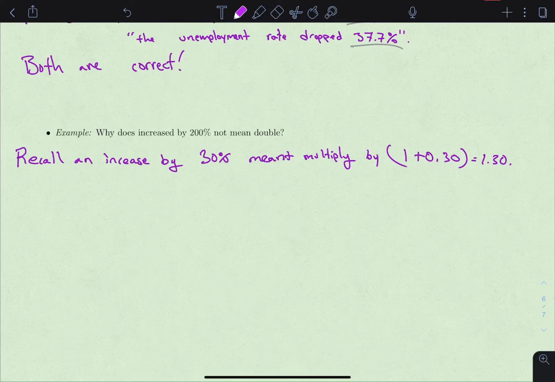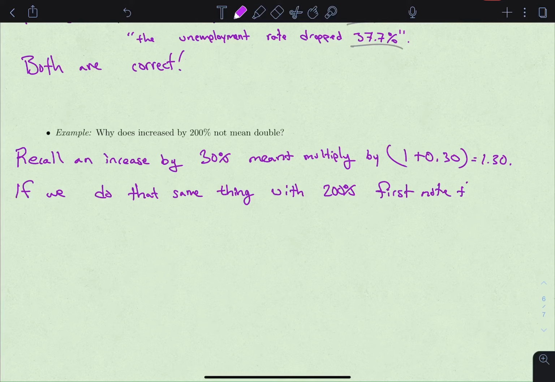If we do that same thing with 200%, first note that 200% equals 2, and this is where you move the decimal place 2 over as a decimal.